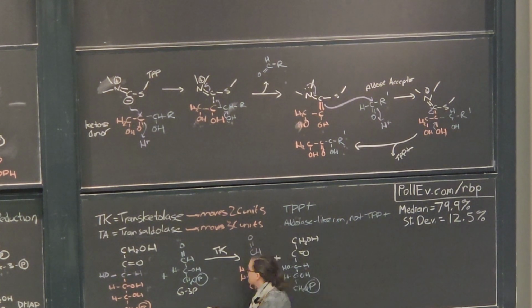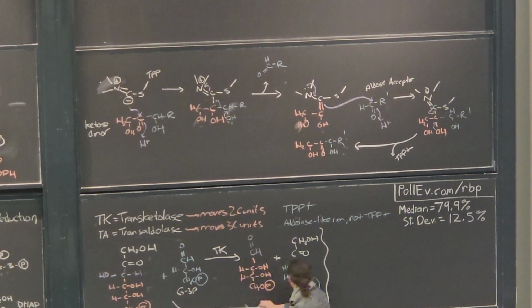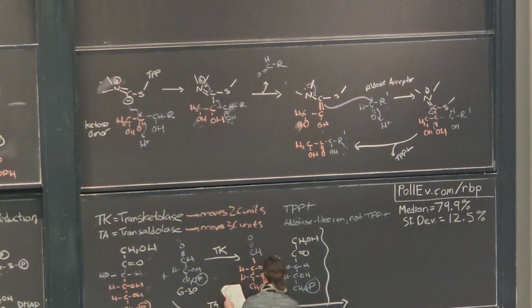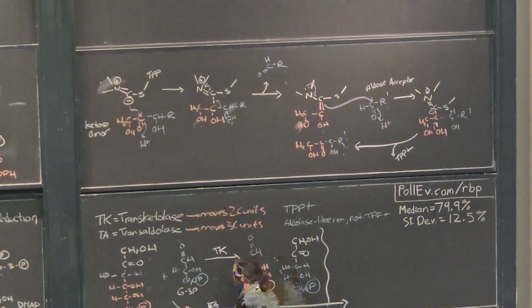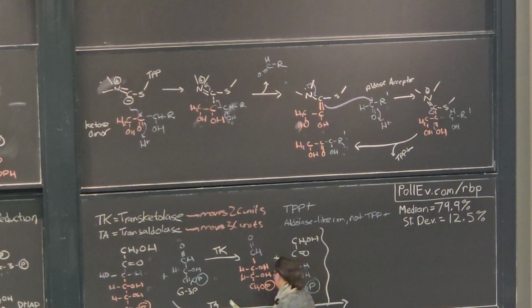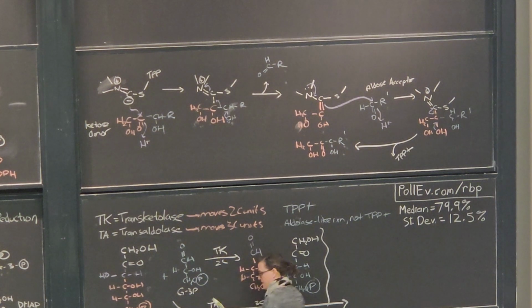Now if instead of running the transketolase reaction, we run the transaldolase reaction, we're going to get something slightly different. Transaldolase is moving a 3-carbon unit, whereas this moved a 2-carbon unit.